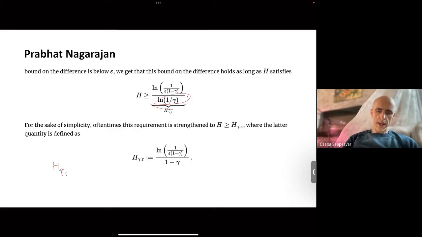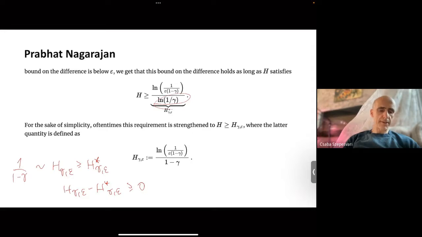Okay, so let me try to figure it out. There is H gamma epsilon, and that's bigger than H star gamma epsilon. And both of them are of the size of 1 over 1 minus gamma, up to a constant factor. If you take the difference between the two, you get something that's lower bounded by 0.